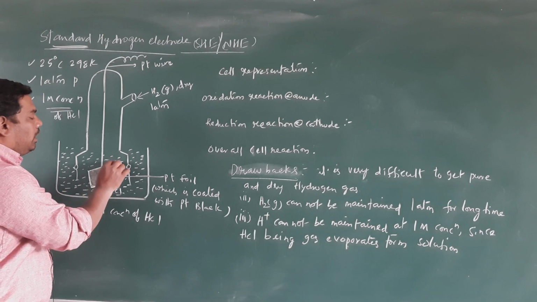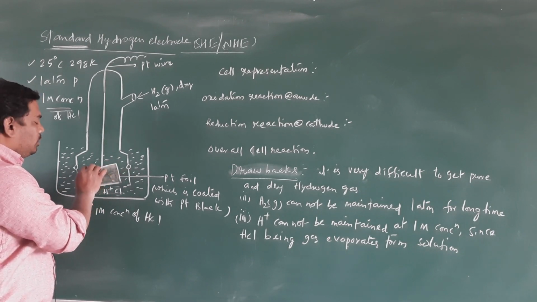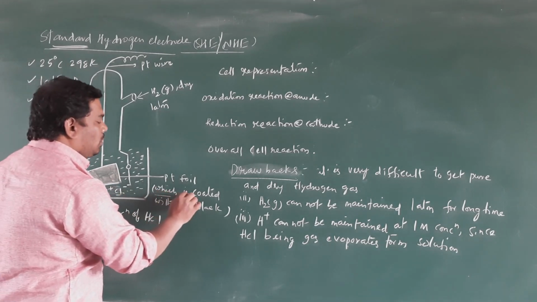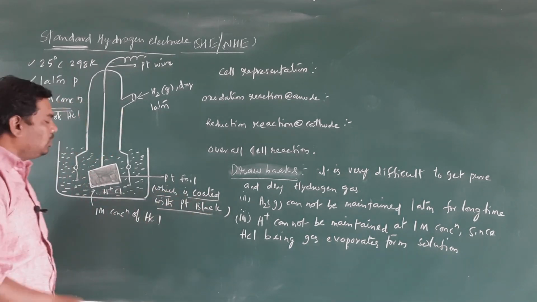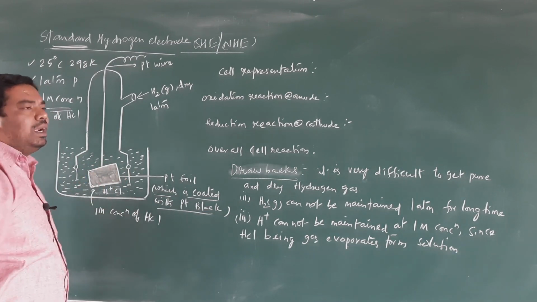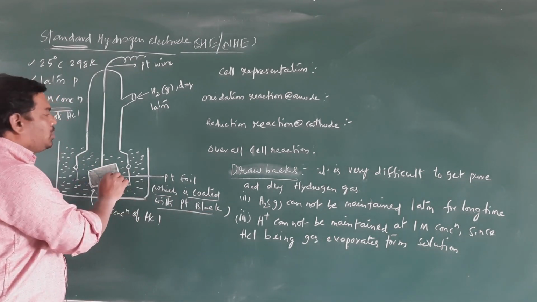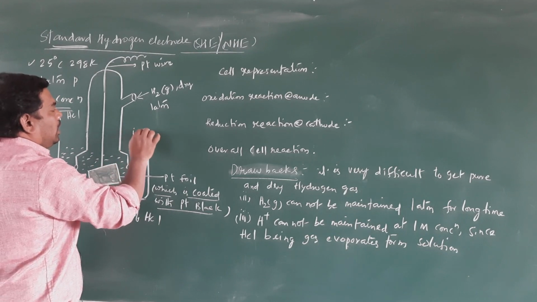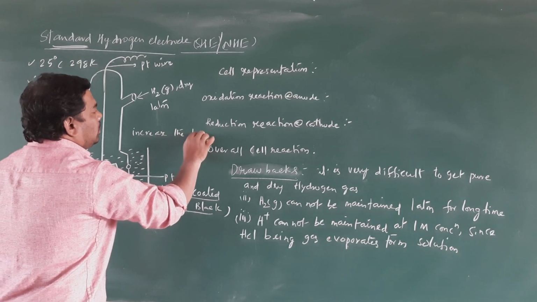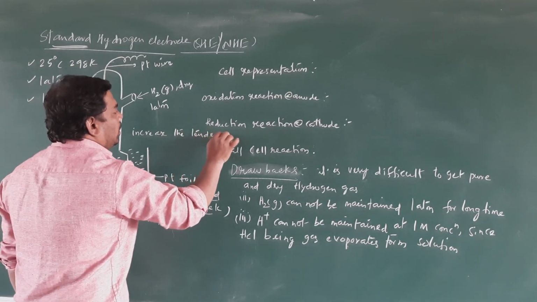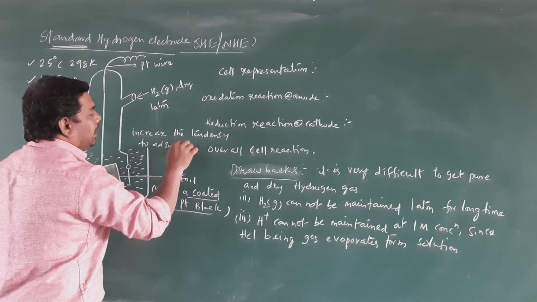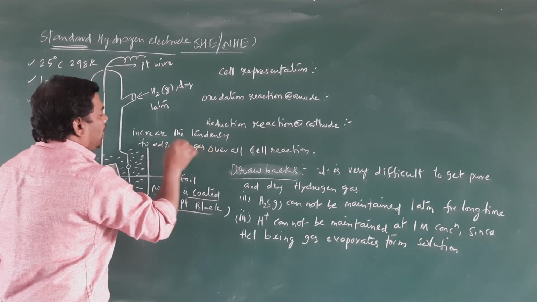This platinum wire end is connected with a platinum foil, which is coated with platinum black. The black platinum paint coated on the platinum foil helps to increase the tendency to absorb hydrogen gas.